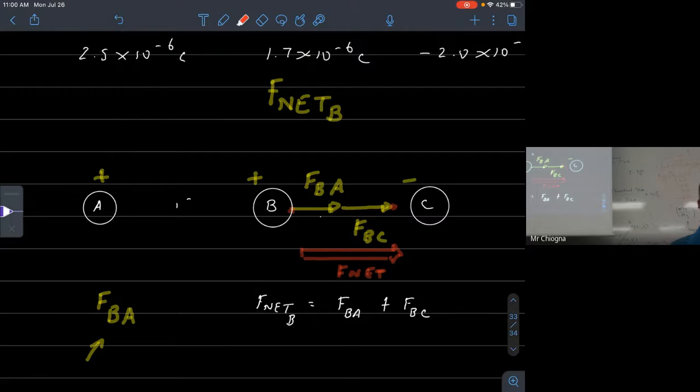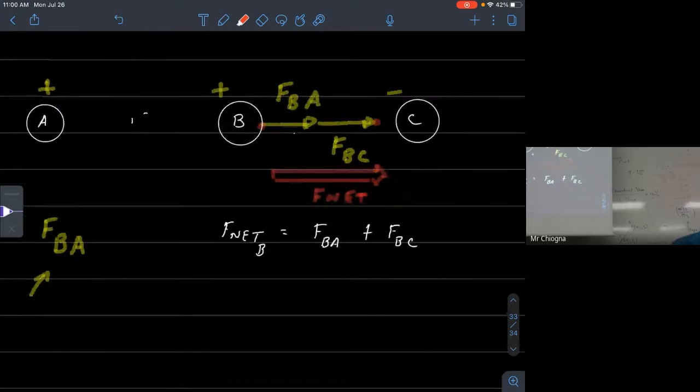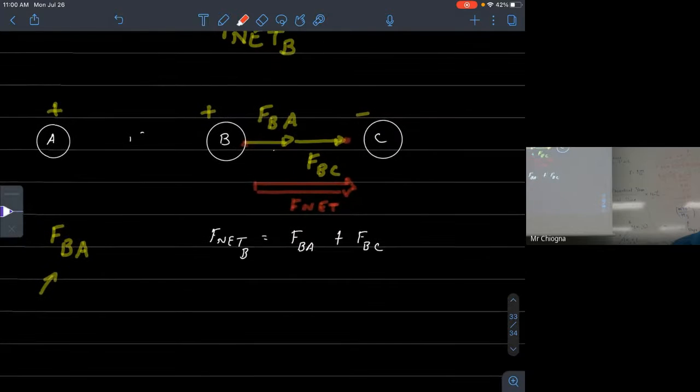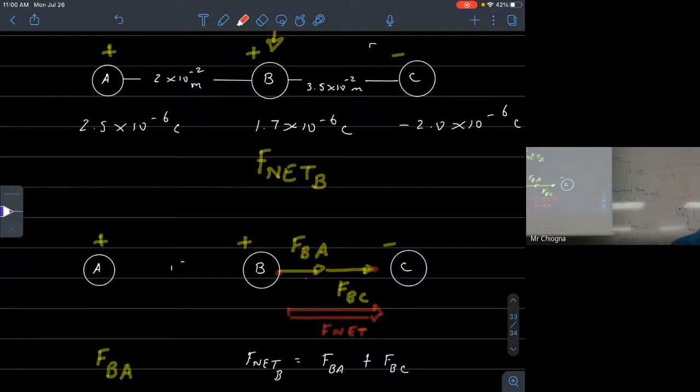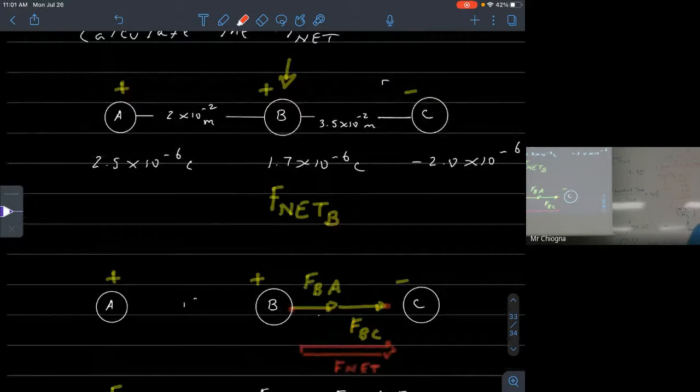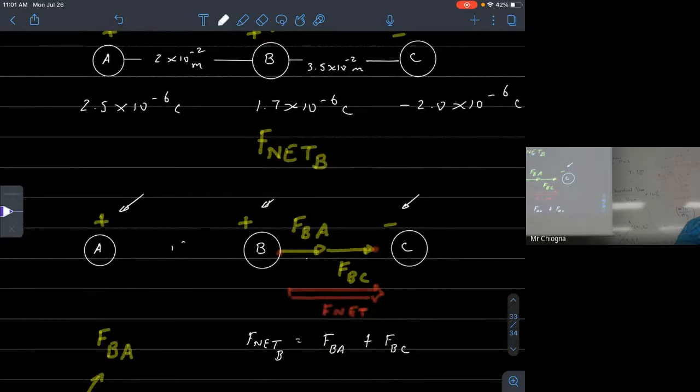Okay. Yes, you have a question. Yeah, that's why notice I put the signs of the charges at the beginning of this. That's how you tell the direction of the forces. You have to, first of all, be clear on what is being pushed or pulled. It's B. We're not interested in A or C. We're interested in how B is being affected.